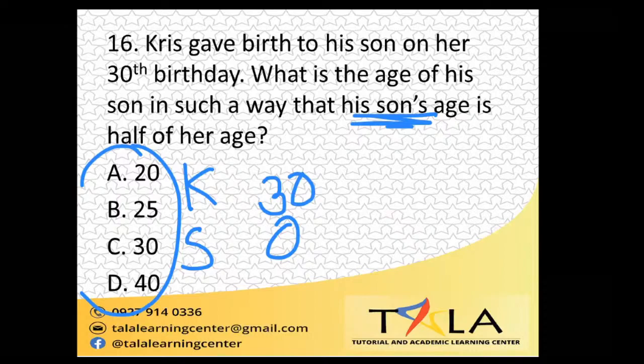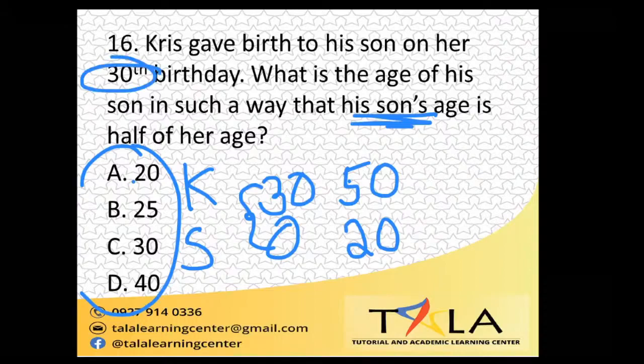If son is 20, ilang taon si mother? 50. O, paano mo nalamang 50? Kasi tingnan mo, 30 years yung pagitan nilang dalawa. Kasi 30 years old na nung nanganak si mother. Kalahati ba ng 50 ay 20? Hindi. O next, 25. Kung 25, syempre sabi natin kanina, hindi din. Kapag 1, 2, 3, 4, 5, 6, 7 na yung dulo.